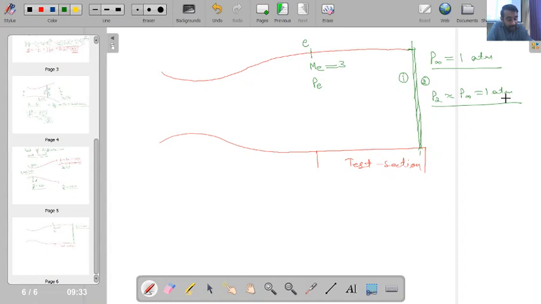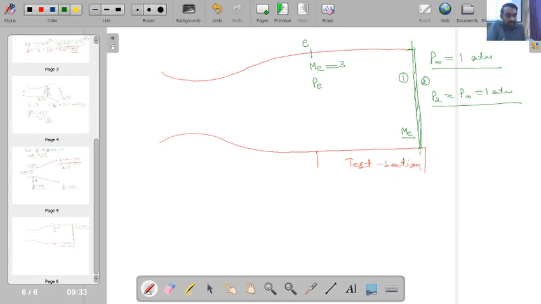Now I know that at the upstream of the shock wave my Mach number will be equal to Me, because from this point to this point I don't have any mechanism to decrease the Mach number. So if I know this Mach number and the pressure across this normal shock wave, I can predict the value of the upstream pressure. Is this one clear? I know the downstream pressure, and I know the Mach number at the upstream.